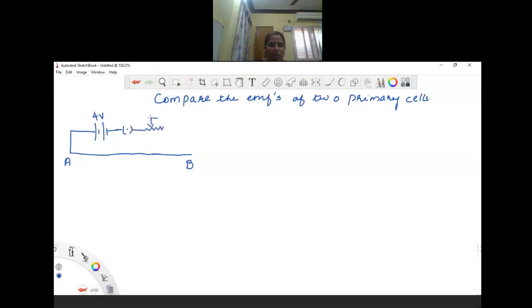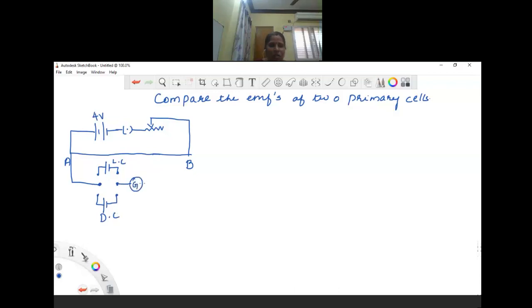Rheostat is used to vary the current without changing the primary source. And here we are going to connect the DPDT switch, that is the double pole double throw switch. We connect one primary cell on the upper part, let it be a Leclanché cell, and one more primary cell, let it be a Daniell cell, and from here I am going to connect a galvanometer.